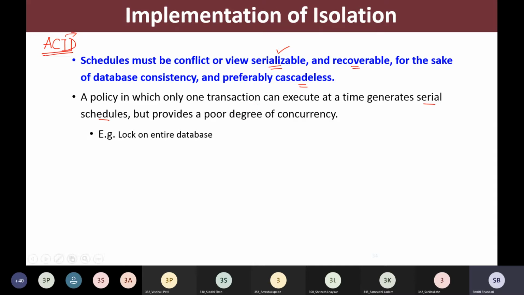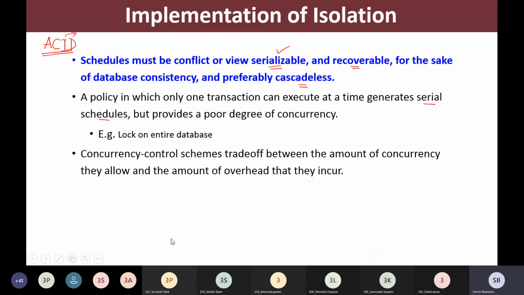But if my policy is generating serial schedules, then we have a poor degree of concurrency. So the throughput of my system would be very poor, right? Because whenever one transaction is executing, there is a lock on the entire database, meaning no other transaction can access the database. And that is why there is a poor degree of concurrency, with only one transaction executing at a time.